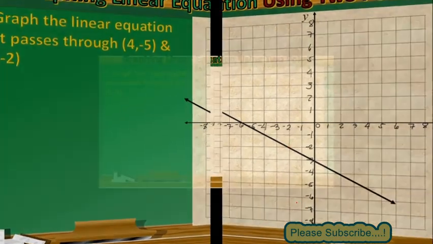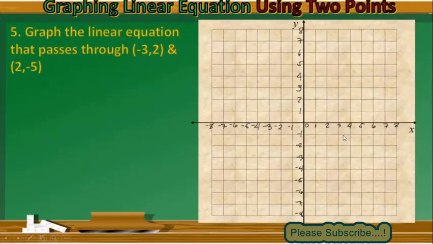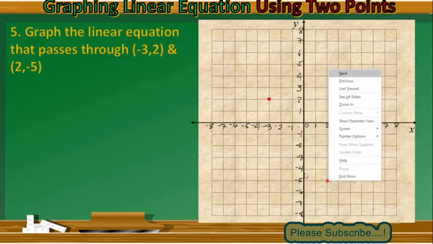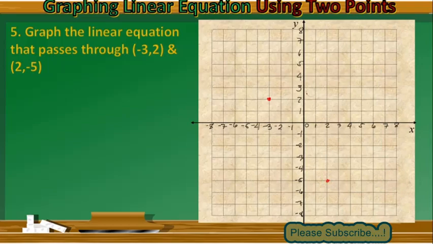Okay, last number, negative 3 and 2. This one. Then 2 and negative 5. 2 and negative 5 here. So to connect those, that is our graph.